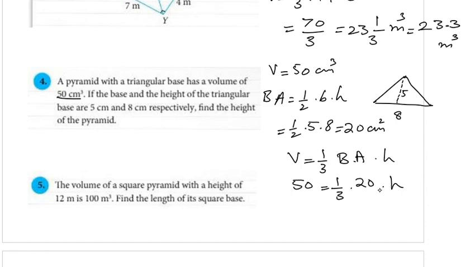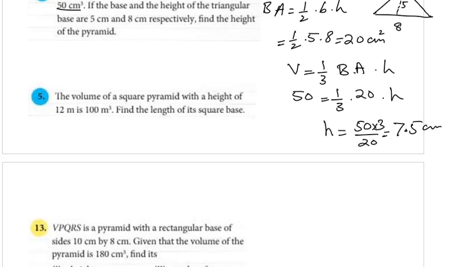To find the height, we have to make it the subject of the formula, and it will become h is equal to 50 multiplied by 3 divided by 20, and the total answer becomes equal to 7.5 centimeters. So this is how we start working with a statement which is given without the diagram. You have to understand that in a diagram and in a statement, what relations can be developed.